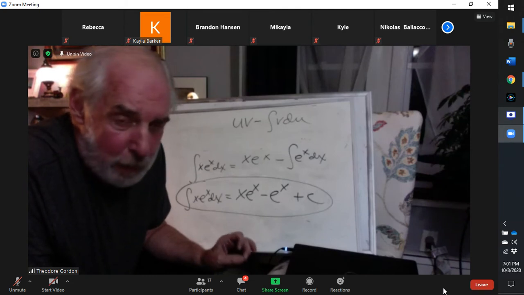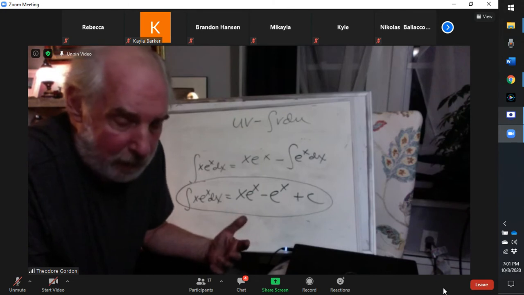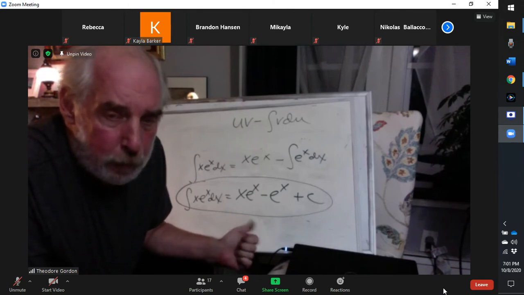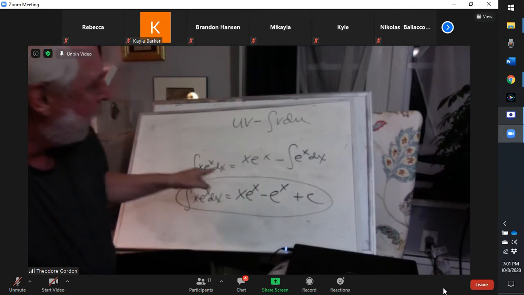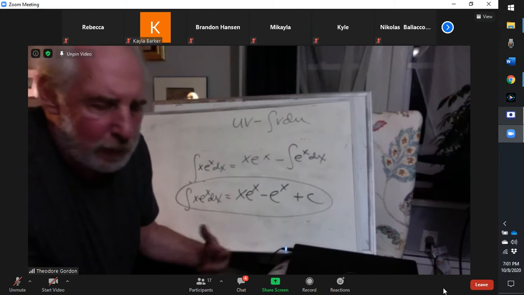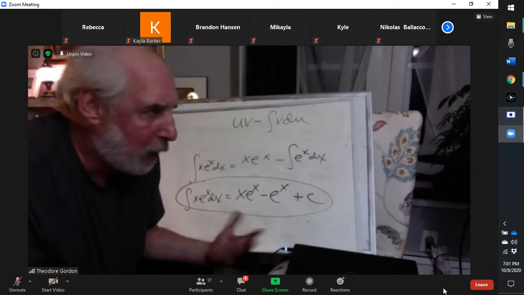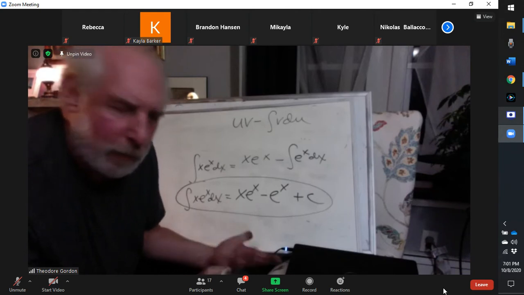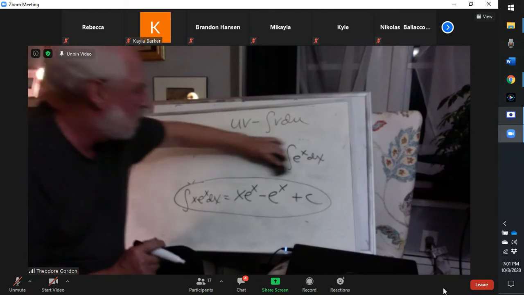One of the very best things you can do to enhance your talent at this is to do the derivative of your answer and make sure you get back to where you started from. Checking your own answers will really help you learn the connection between derivatives and integrals. So we're going to check this solution.